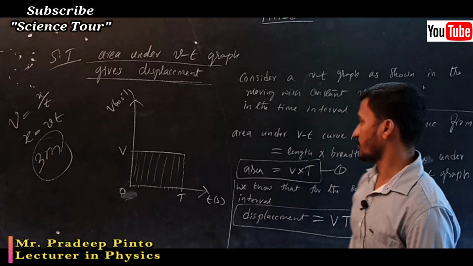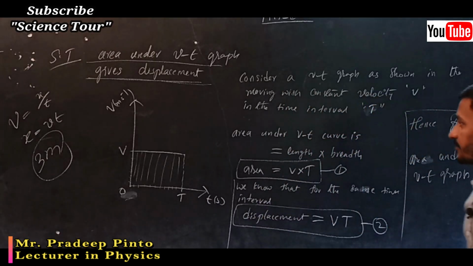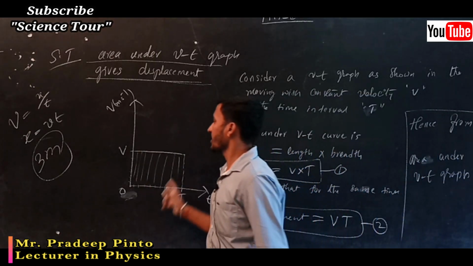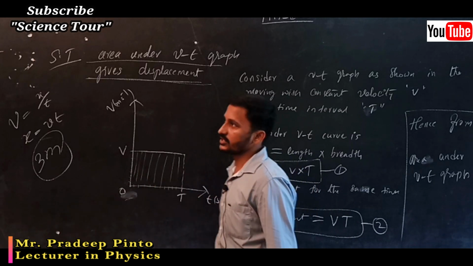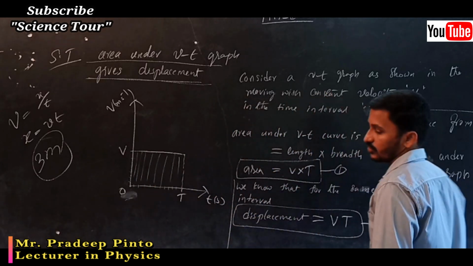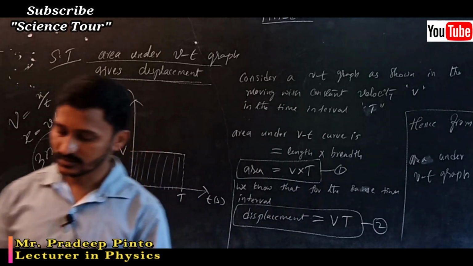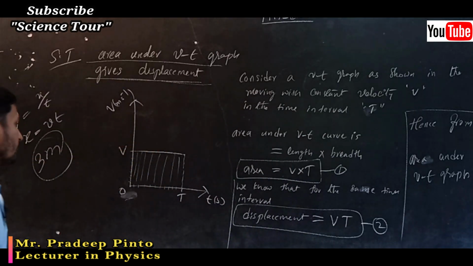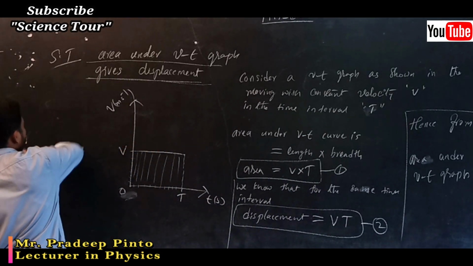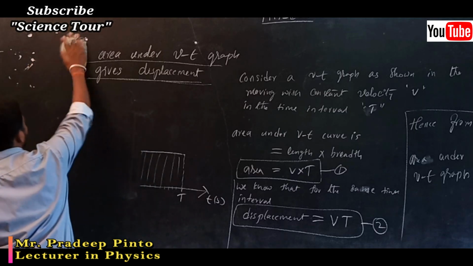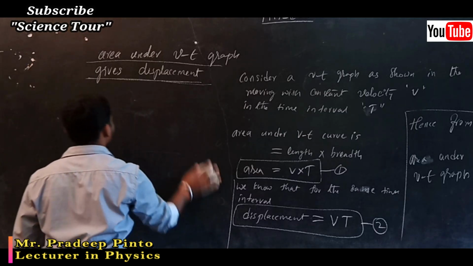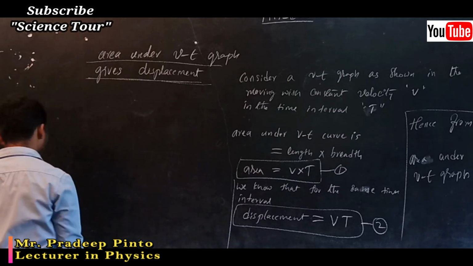First consider the graph, then find it for constant velocity, and do this derivation. So this is one more important derivation: area under the velocity time graph gives displacement.